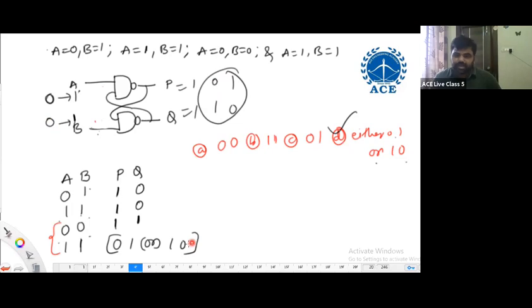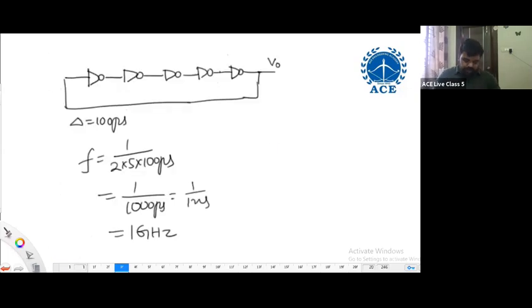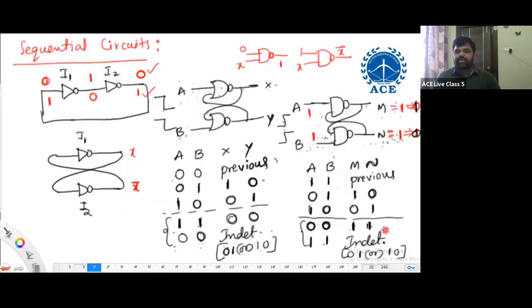This I have been teaching from day one, since I started teaching for GATE and ESE. In 2017, this was the question. Even I can escape that by saying a simple thing: 1, 1 is invalid, 0, 0 is invalid. What happens if I apply 1, 1 and 0, 0?